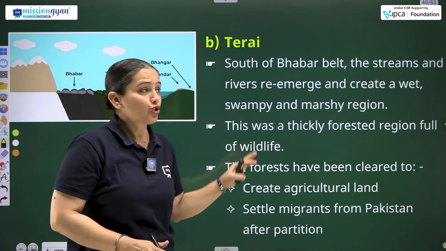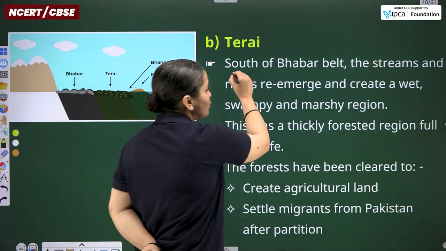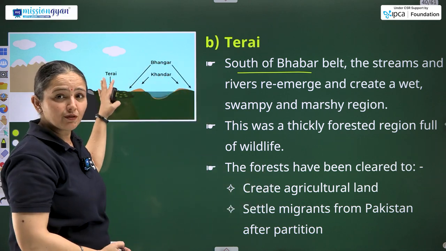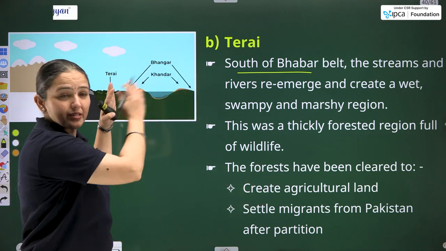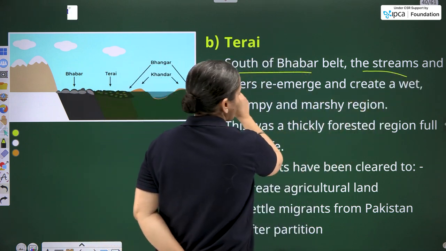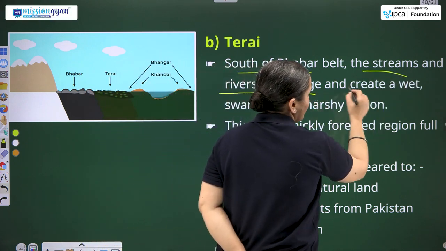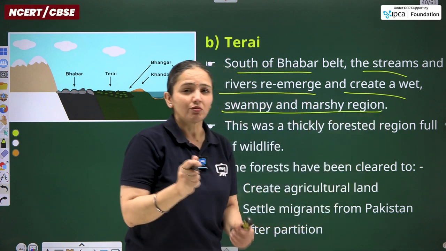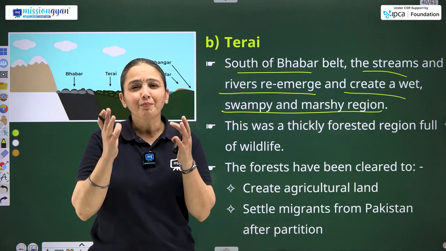Going ahead with the discussion of Terai region. South of Bhabar, over here you can consider Bhabar is first, then comes the Terai. So, in the southern part of the Bhabar belt, the streams and rivers re-emerge and create a wet, swampy and marshy region, quite muddy.